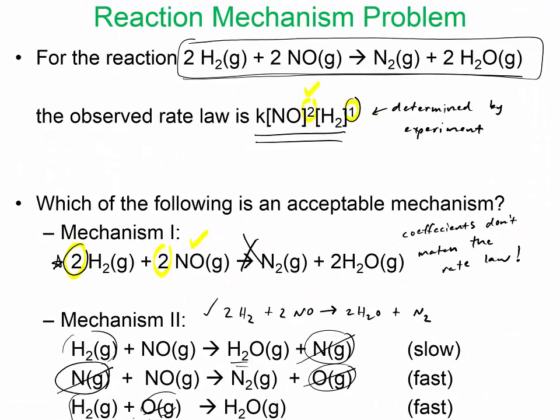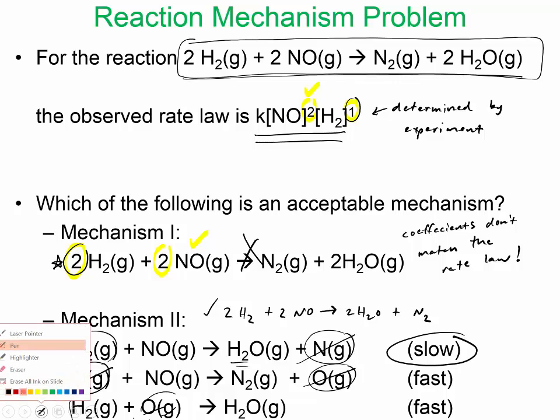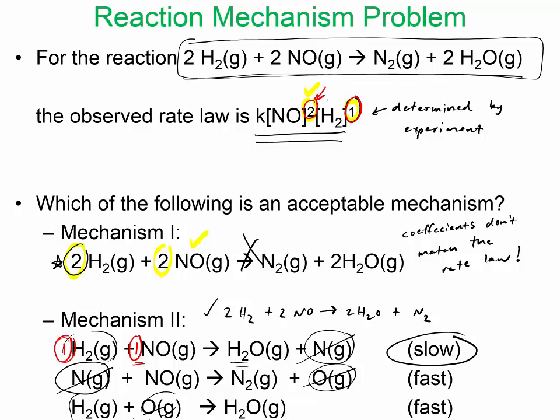Okay, so here's our slow step, and we're going to match this. I meant to write a 1, so 1, and it matches the 1 here. But then we have 1 mole of NO in our slow step, and we have 2 in the rate law, so this doesn't match.